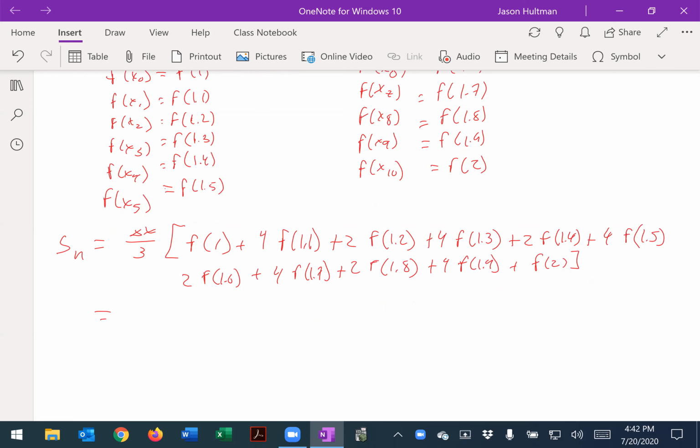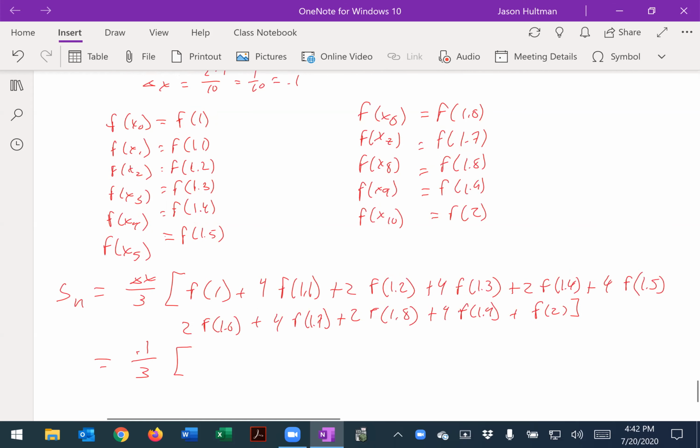So what's delta x? Well, that's 0.1 over 3. And then what's f sub 1? Well, f sub 1 was just 1 over 1. This is 1 over 1.1. This is 1 over 1.2, and so on. This is 1 over 2.